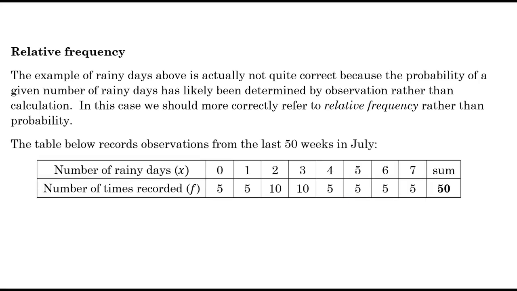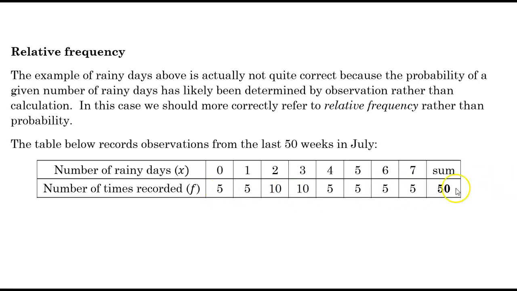So relative frequency, experimental probability, sometimes we use that phrase for the same thing, and it's the frequency divided by the number of trials. So I noticed here that I did 50 trials, 50 weeks in July. 5 times I had no rainy days, 5 times I had 1 rainy day, 10 times I had 2 rainy days, and so on.